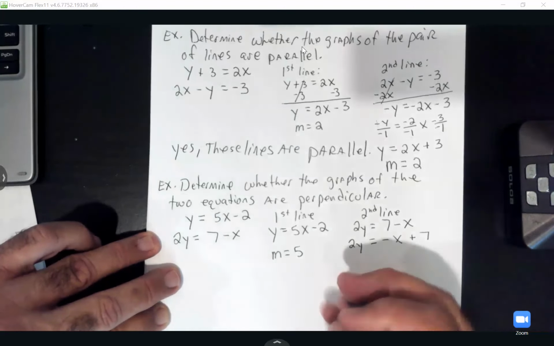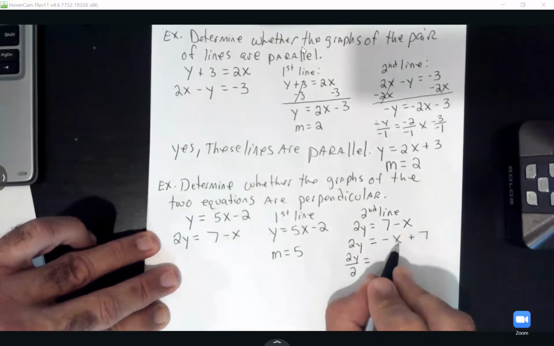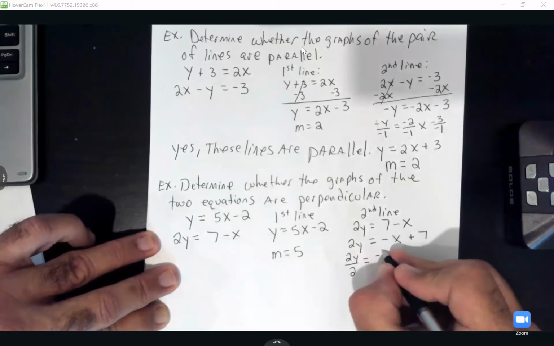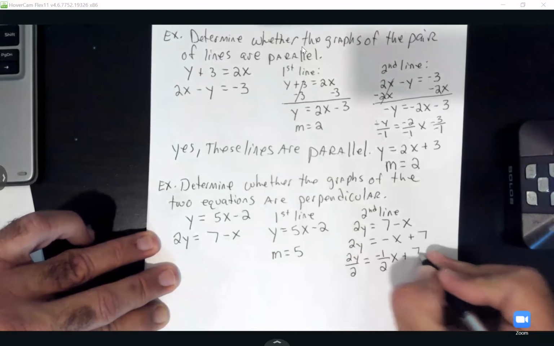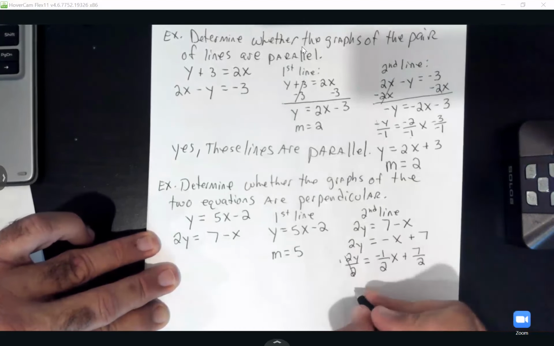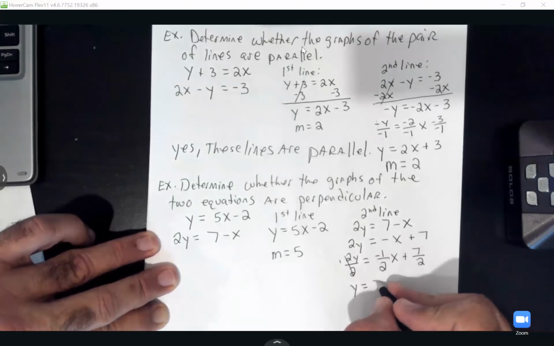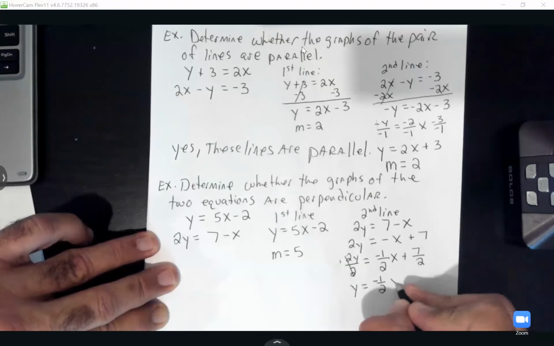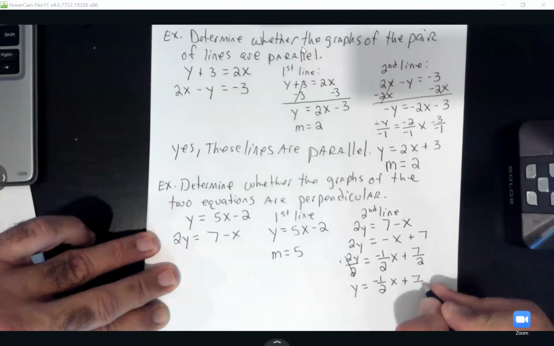All right, that's a 2y, divide everybody by 2. Now remember, there's not a number here, so we treat that like a negative 1 in front of that x, and then divide my 7 by the 2. So y'all, that cancels, giving me my 1y. Negative 1/2, I can't do nothing with that, so that's going to stay negative 1/2 x. And then that 7/2, I really can't do nothing with that.